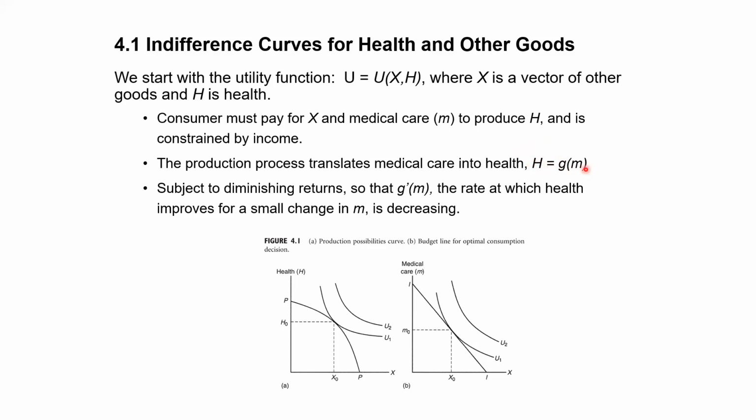The more you consume M, you still have a positive impact on health, but the rate at which health improves becomes smaller for a change in M. So it's decreasing. This is the curve that we are talking about: for the consumption of medical care, the rate at which health is improved decreases as well.